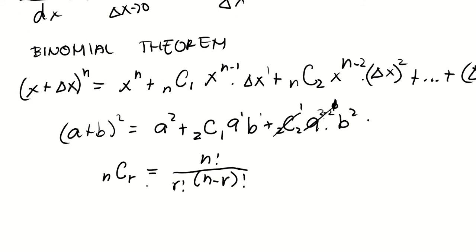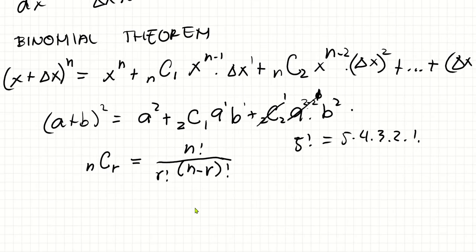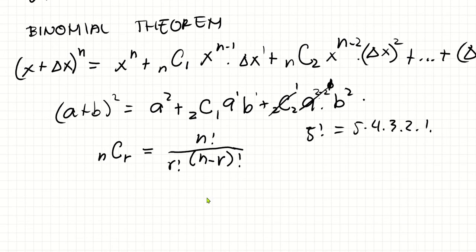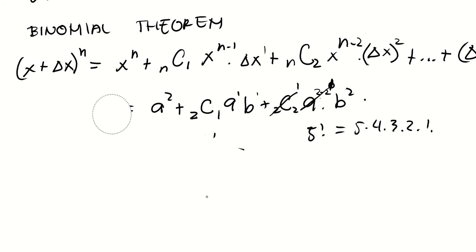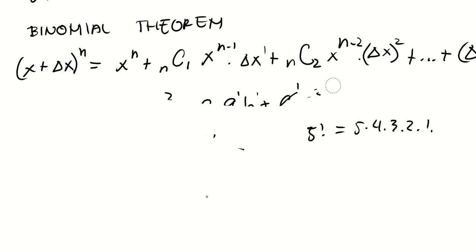Factorial means, for example, 5 factorial, this is the same as 5 times 4 times 3 times 2 times 1. That's factorial. So you can use that definition, or you can use your calculator directly in binomial theorem. But we will not use this one because we want to expand x plus delta x raised to any power n power.